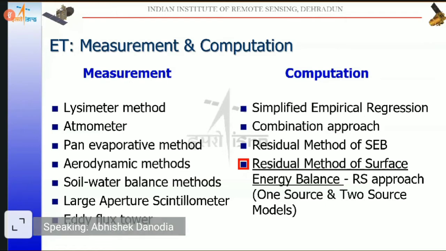Then the combined approach, where we can integrate the aerodynamic resistance approach as well as point-specific observations to define the evapotranspiration combinedly. The third is the residual method of surface energy balance, which I would like to discuss in the following slides.